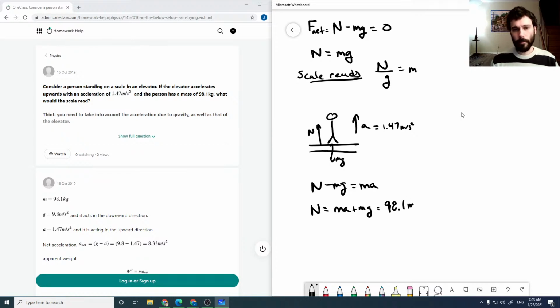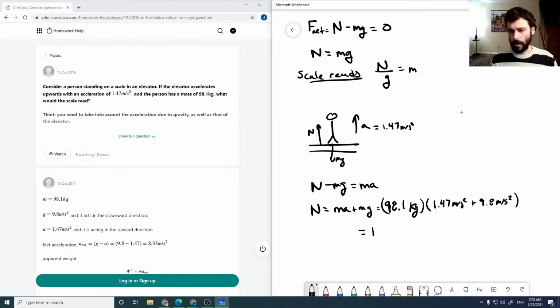98.1, yeah, 98.1 is right, but it should be kilograms. Our acceleration is 1.47 meters per second squared, and our g is 9.8 meters per second squared.